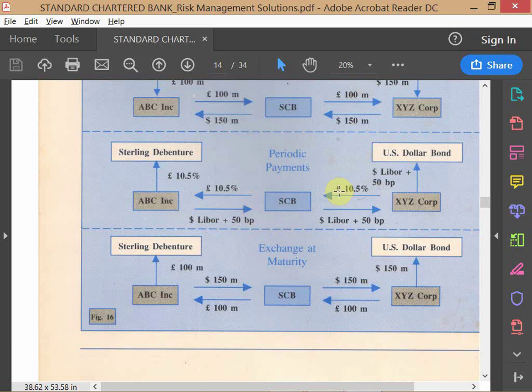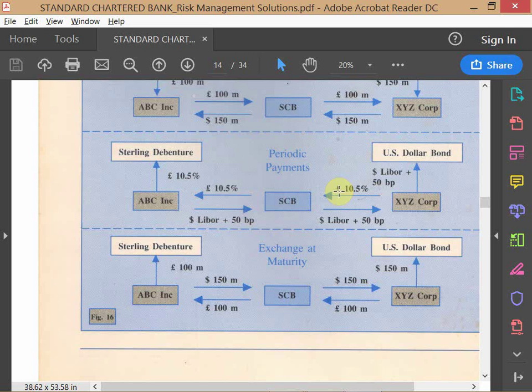This entire long discussion is just to give an example of what Debanshu was referring to yesterday. So once again, the US dollar FRN that was issued at LIBOR plus 50 basis points was a case of swap driven issuance. Why do we say it's a case of swap driven issuance?